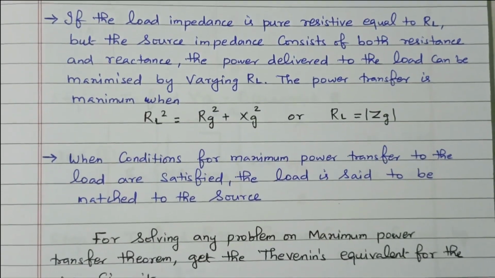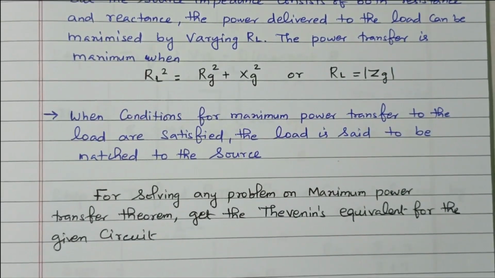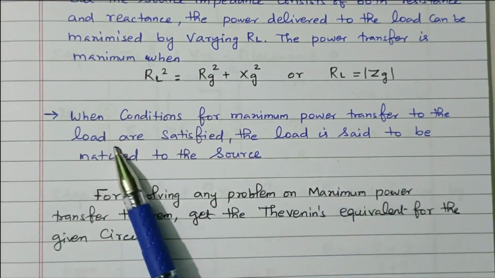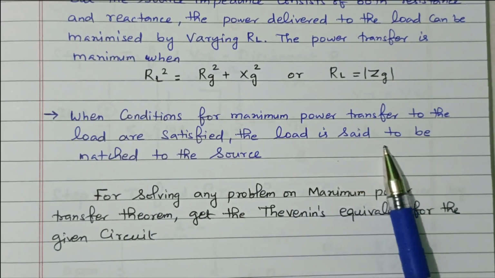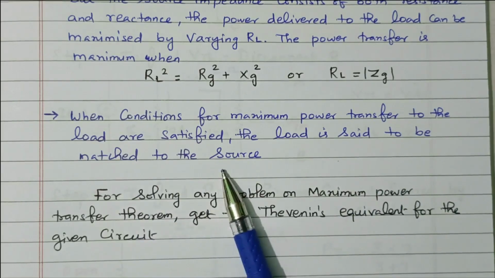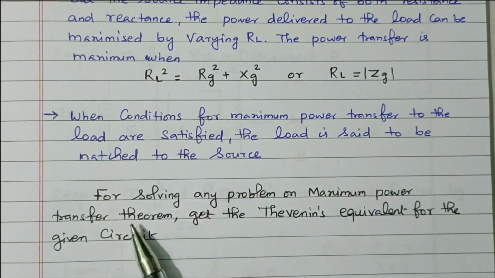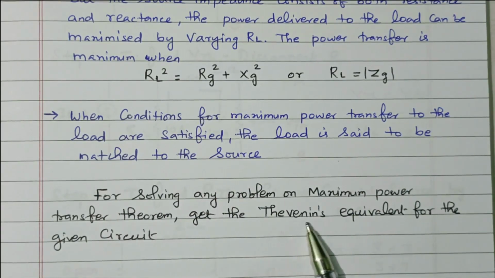We'll go for further conditions. When the conditions for maximum power transfer to the load are satisfied, the load is said to be matched to the source. That is, load and source impedance are equal. For solving any problem on the maximum power transfer theorem, get the Thevenin equivalent for the given circuit, right?